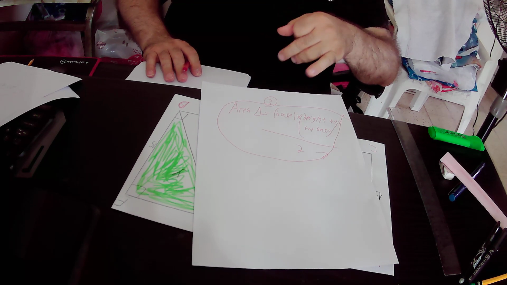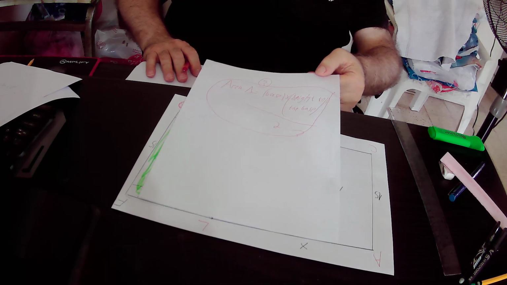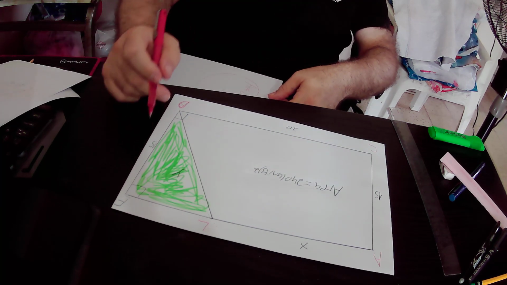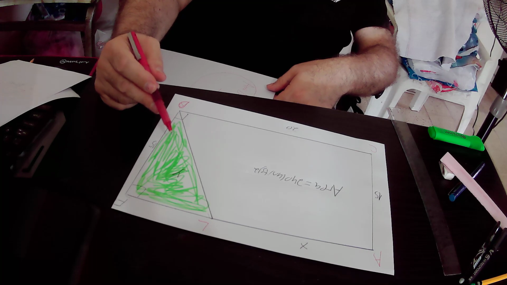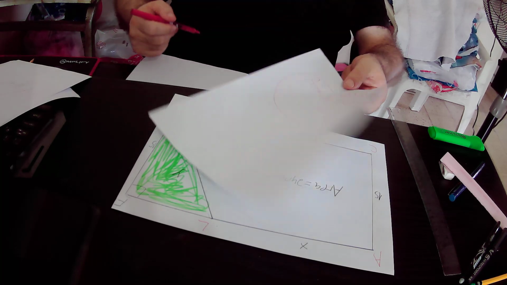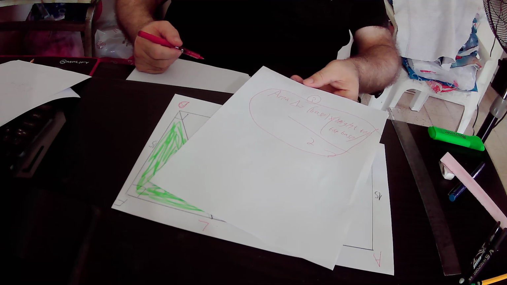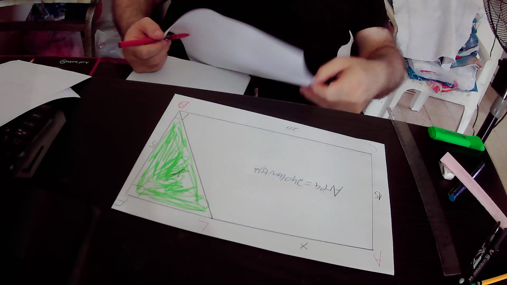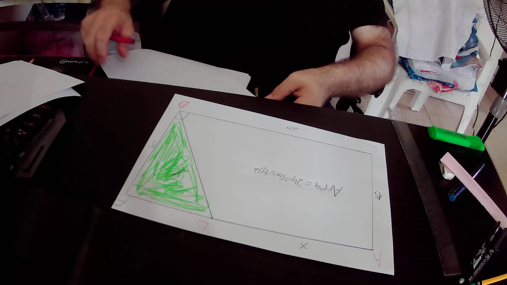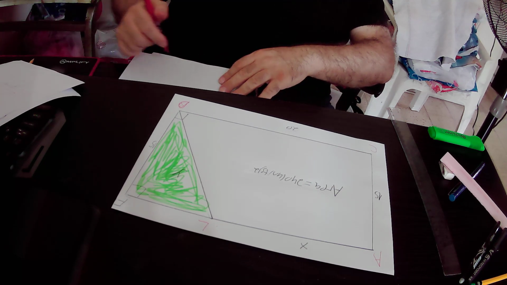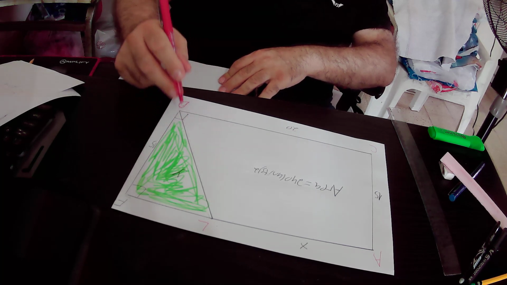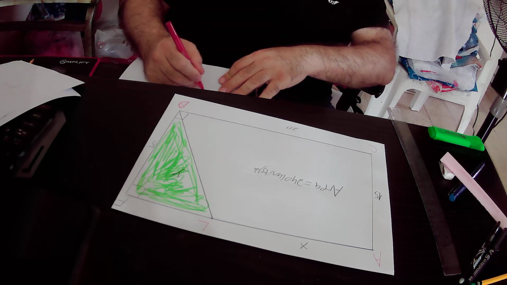Okay, so we can calculate the area of the right triangle LFD according to the formula of the area of the triangle. So our second equation will be the area of the right green triangle LFD.